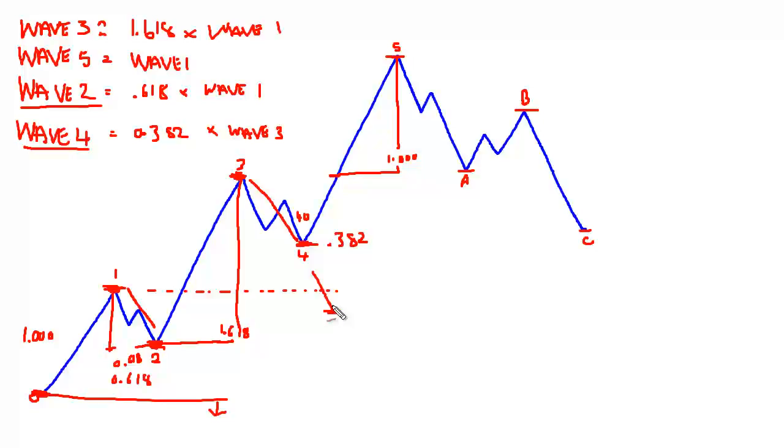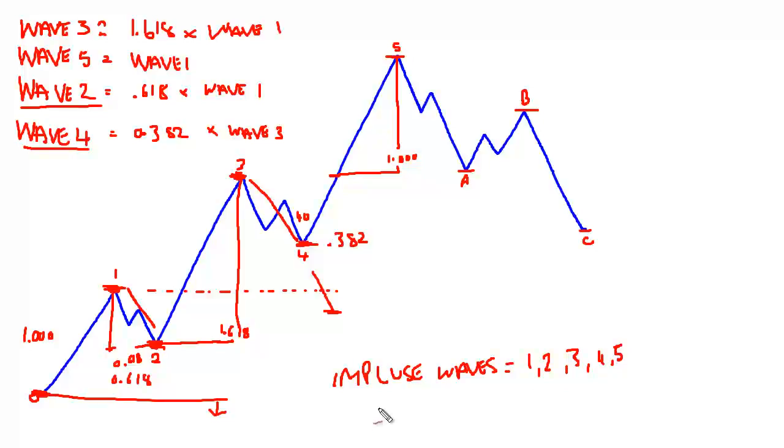Now you got wave 3. Out of the 3 impulse waves, I haven't actually discussed what impulse waves are. I'm going to write this down here. I'm going to explain what impulse waves are before I get into the third rule. Impulse waves are wave 1, wave 2, wave 3, wave 4 and wave 5.